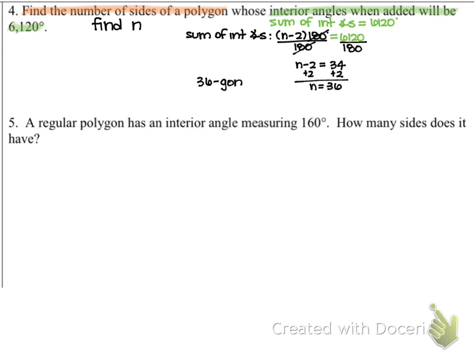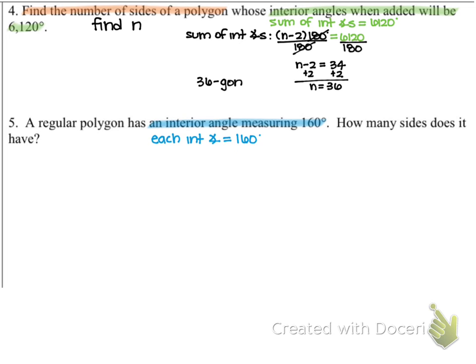Okay, a regular polygon has an interior angle measuring 160 degrees. All right, so this is a single angle inside a polygon. So it does have an interior angle measuring 160. So basically, we know that each interior angle is 160 degrees.